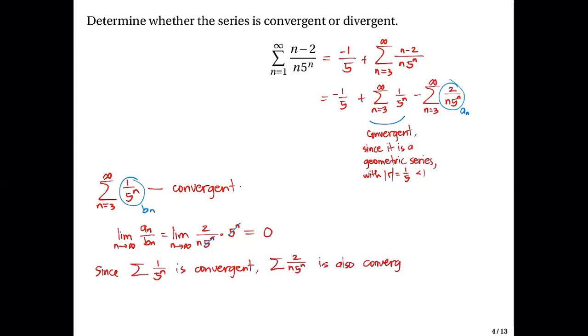And therefore, itong original series natin ay convergent. So therefore, or thus, the series n minus 2 over n 5 to the n from 1 up to infinity is convergent. Okay? Question?